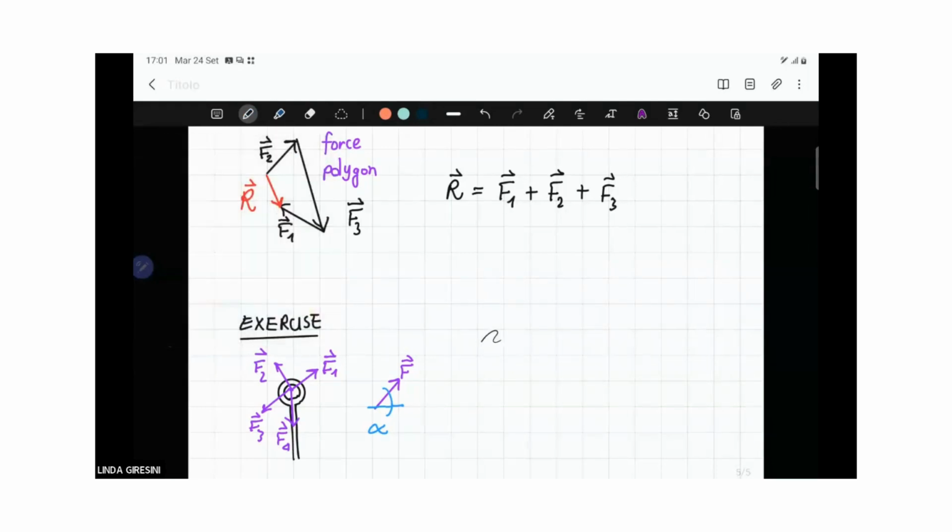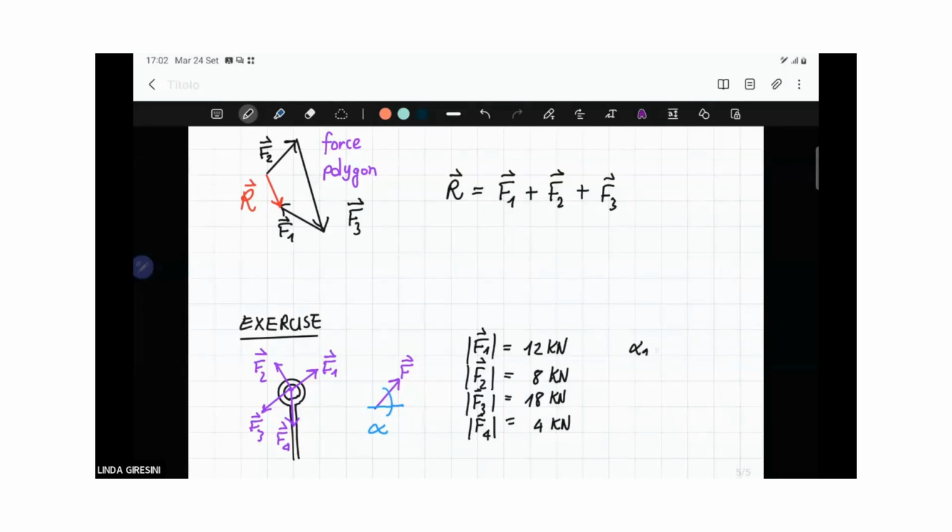The magnitudes of the forces F1, F2, F3, F4 are 12 kilonewtons, 8 kilonewtons, 18 kilonewtons, and 4 kilonewtons. I repeat, they are not to scale in the drawing. I tried to keep the scale for the angles, but not for the magnitudes.